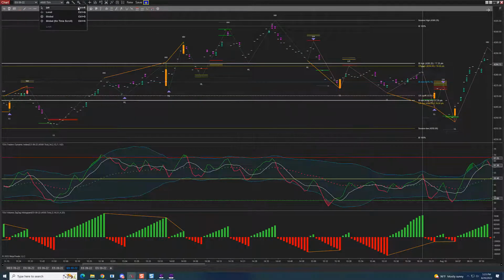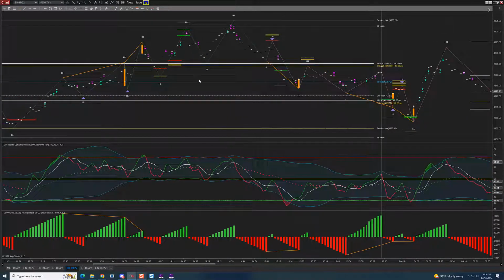Now, it doesn't matter that you're using these. The exercise is taking the candles off the chart and just focusing on your tools, because so often during the day it's the candles that are messing us up. It's the intra-bar swing.